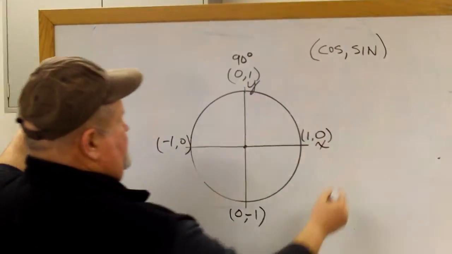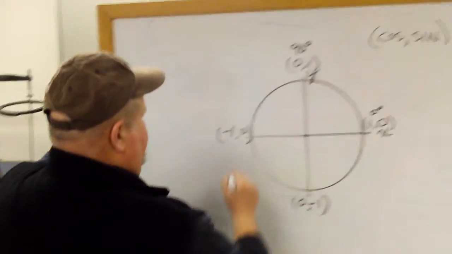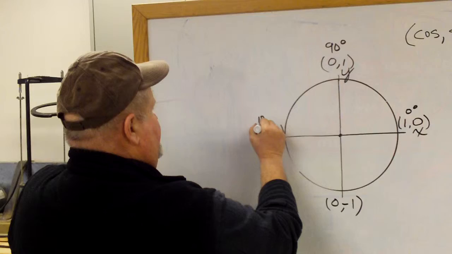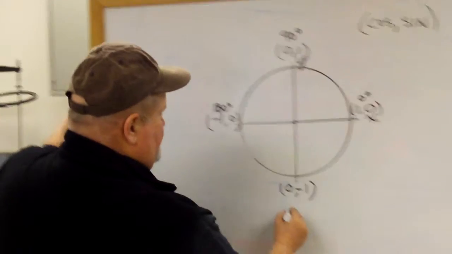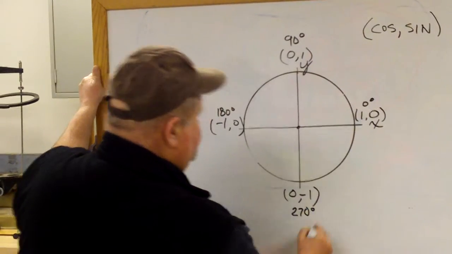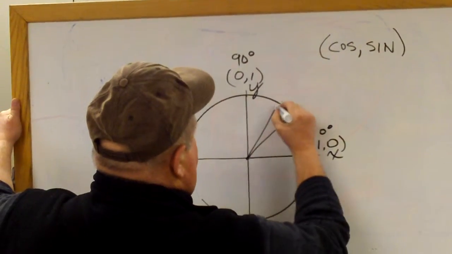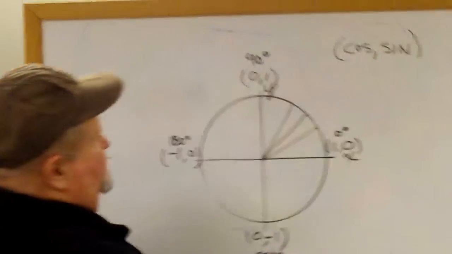Over here is 0 degrees. Over here is 180 degrees, and over here is 270 degrees.